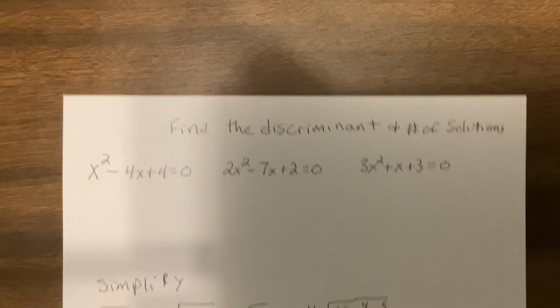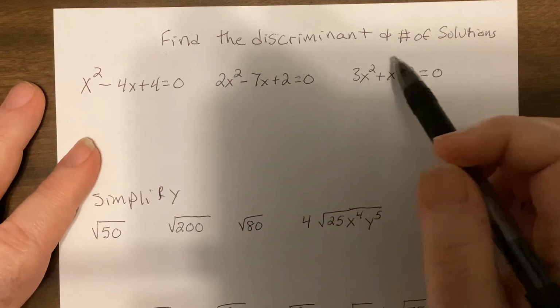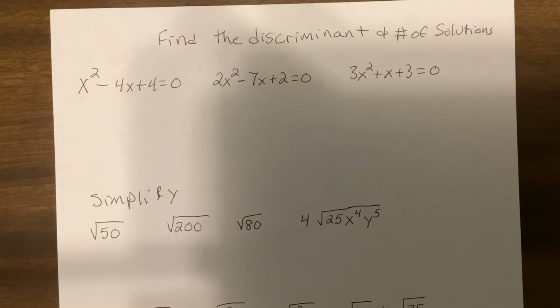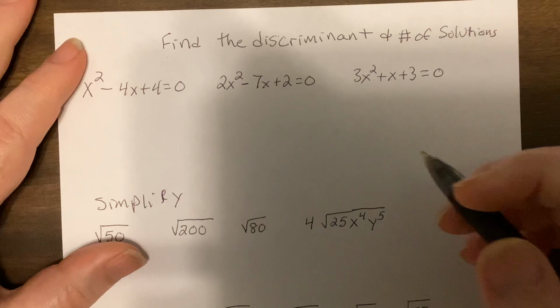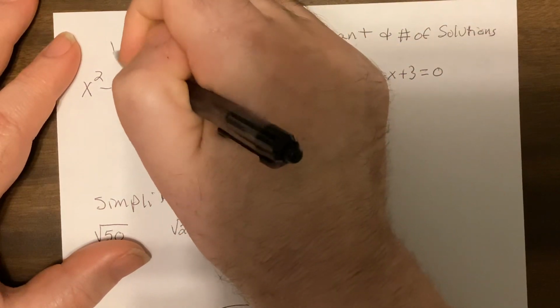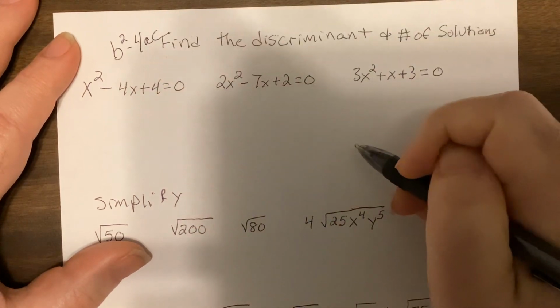Now, we talked about this in class. Do you remember discriminant? Now, there's only one question on the test, but hey, every point counts. So, the discriminant is from the quadratic formula, and it's b squared minus 4ac.